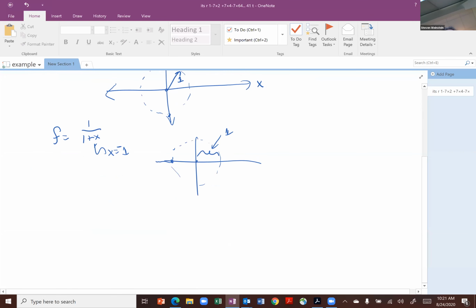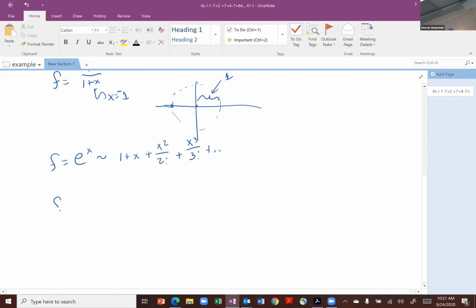Now, what's interesting is if you look at a function that looks like e to the x, and you guys know how to expand that. And you can look that up in a book.